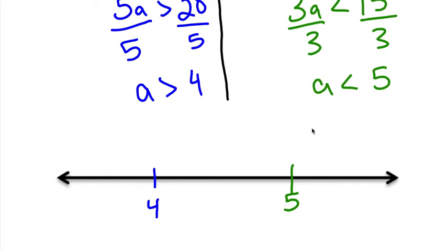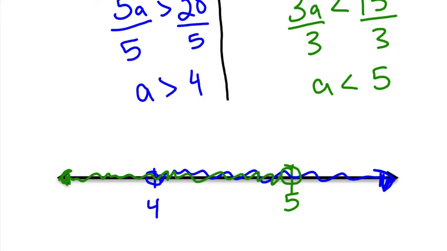And then we graph them separately. So a is greater than 4 means an open circle at 4, and we shade to the right. A is less than 5 means an open circle at 5, and we shade everything to the left.